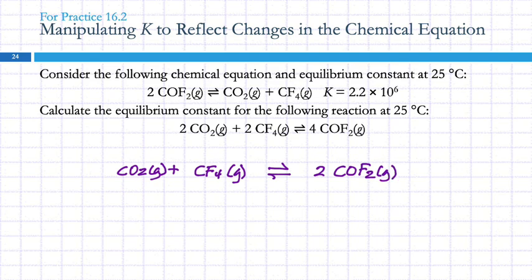So the equilibrium constant for this one then is 1 over K. You reverse the reaction, you invert the K, raised to the negative 1 power. Everybody okay with that?